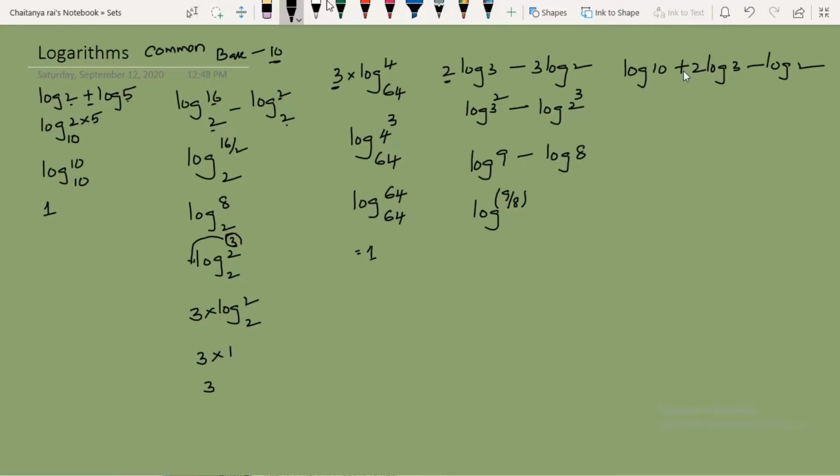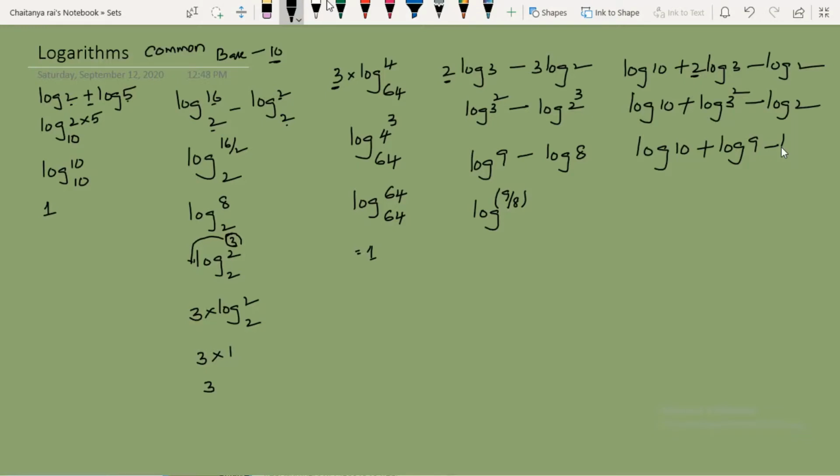We will simplify them. Log 10 plus, since we have 2 here, that becomes a power for the argument, that is log 3 square minus log 2. So this is log 10 plus log of the value of 3 square, which is 9, minus log 2.